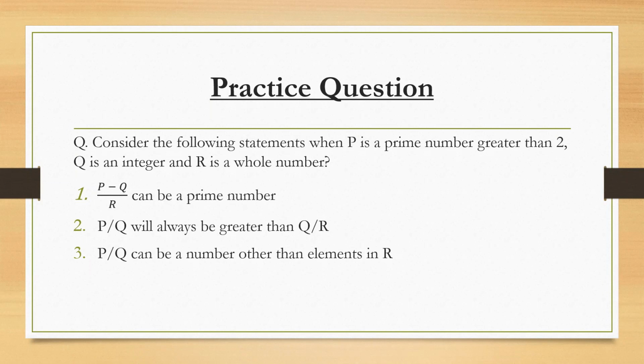So three variables are given, P, Q, and R. Three statements have been given. Now, depending upon these three statements, you tell me which statements do you think are correct. Okay, so P is a prime number greater than 2, Q is an integer, R is a whole number.